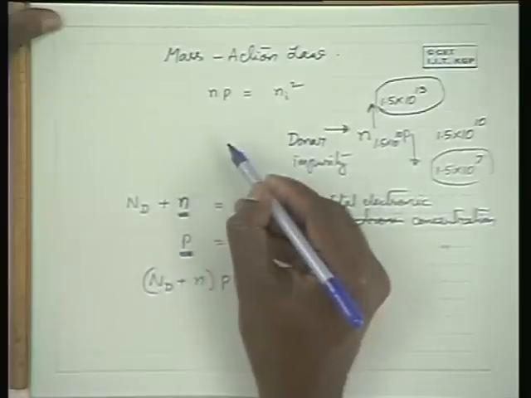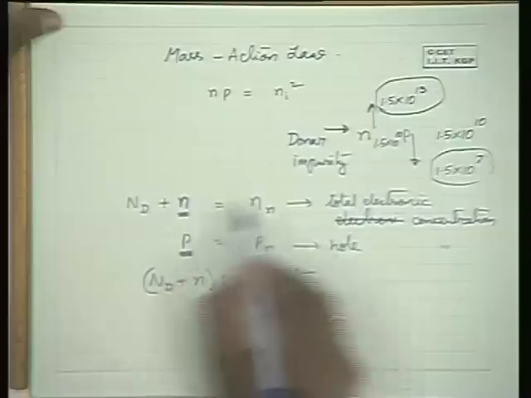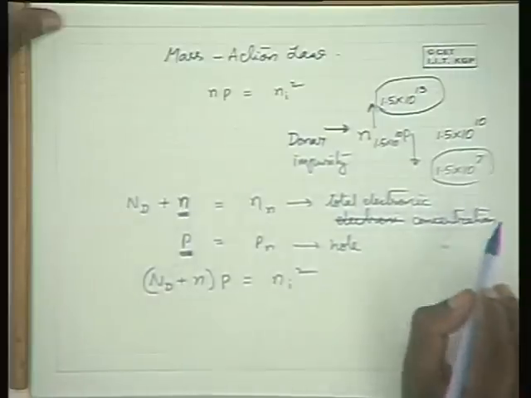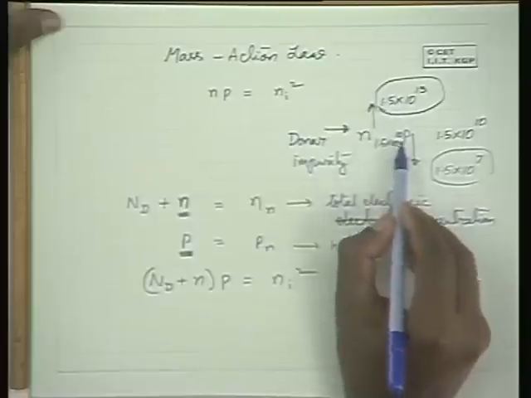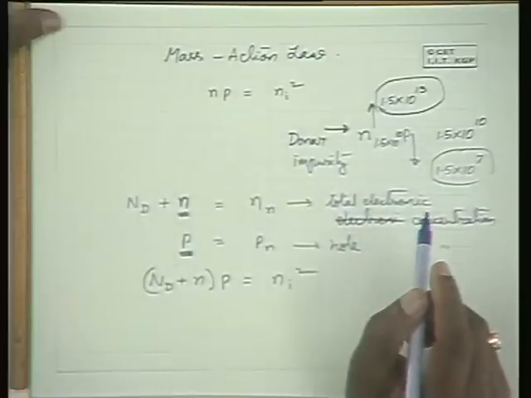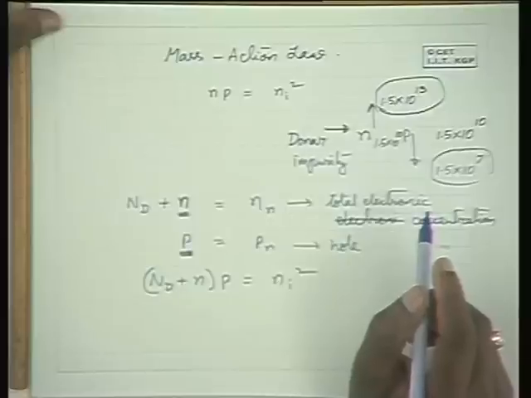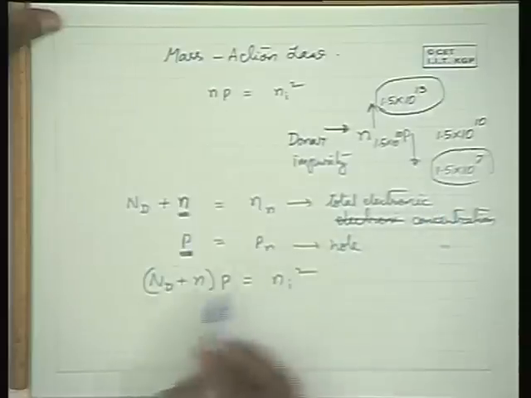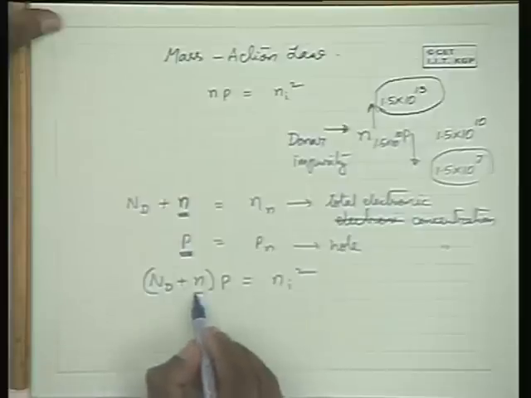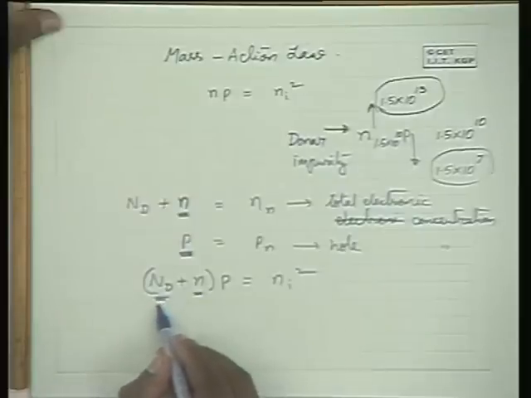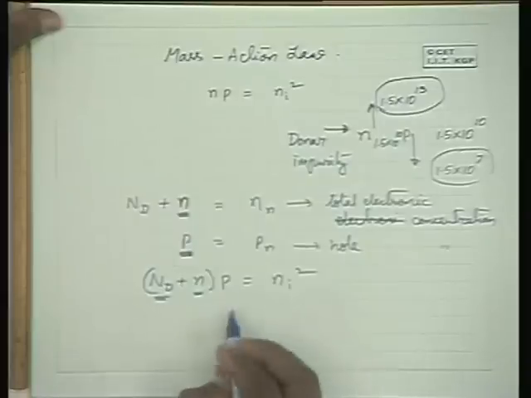So for every hole there is a thermally generated electron. This N is also 1.5 into 10 to the power of 7. This Nd is in this example 1.5 into 10 to the power of 13. Okay. So (Nd plus N) into P is equal to Ni square. What about this N when compared to Nd, when the concentration is large? It is negligibly small.